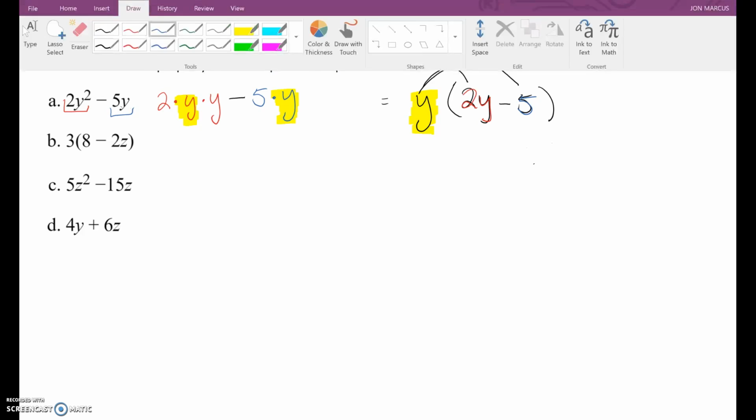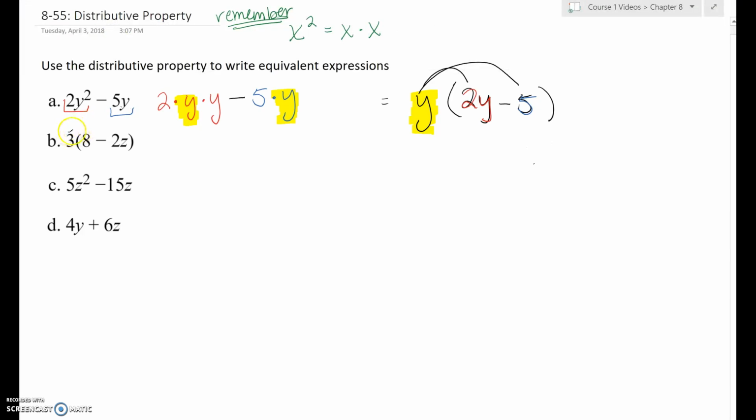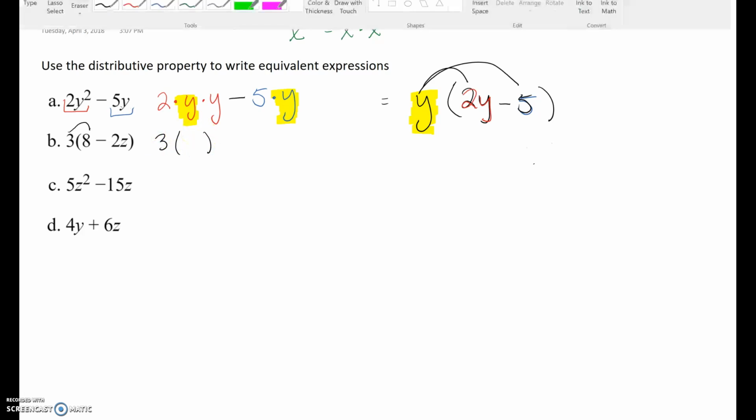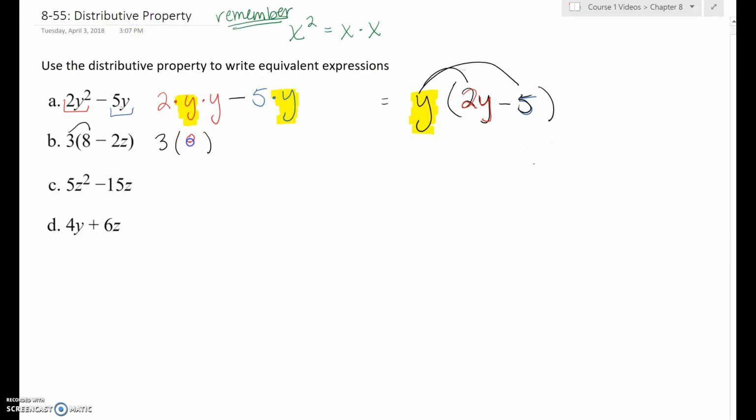So this one, we're taking a common factor and we're distributing across both terms. So we're taking 3 and we're saying, well, 3 times 8. So this would be like our red term. 3 times 8 minus 3 times 2z.